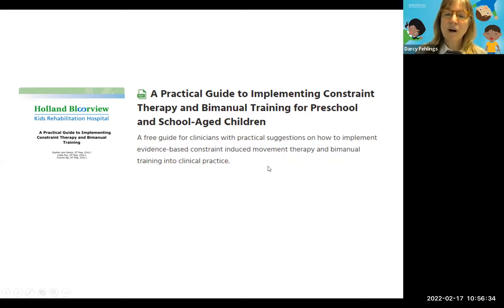So it evolves to a peer-supported constraint camp, usually over a two-week time frame, where they spend 6 to 7 hours a day, and the motor learning principles are built into the camp, where the just right motor practice is provided for the child, again within a fun play-based approach, and with usually 8 to 9 peers who also have hemiplegic cerebral palsy, and the children tend to quite enjoy the constraint camp.